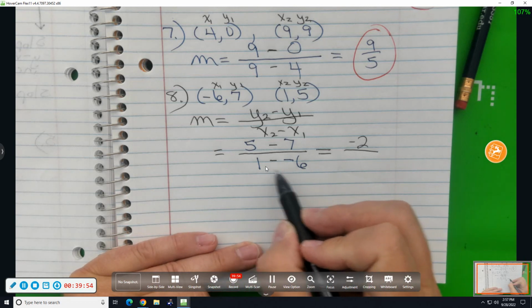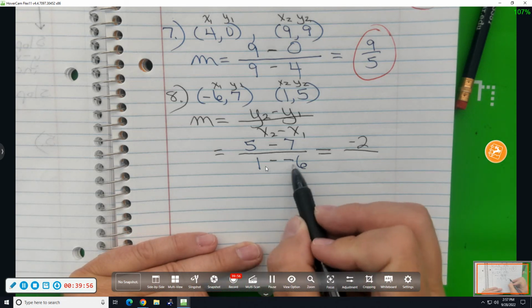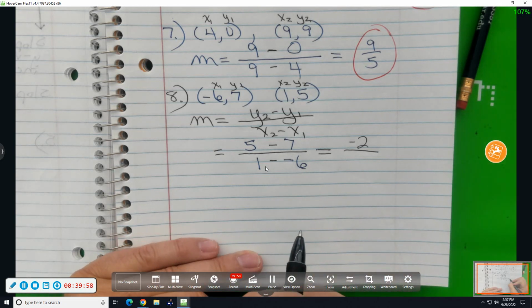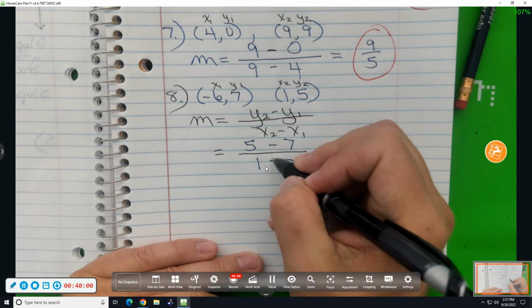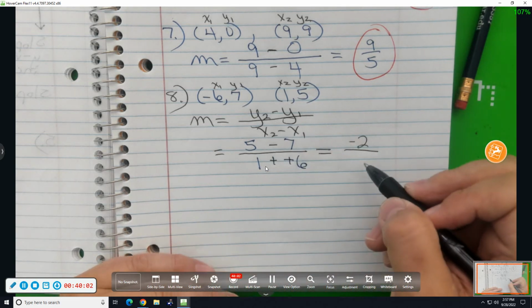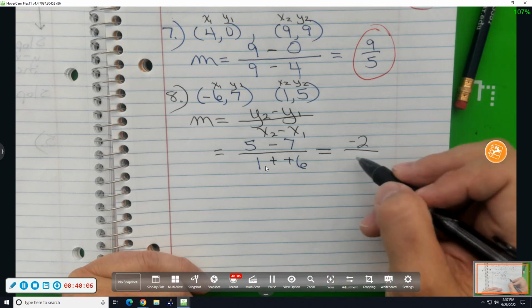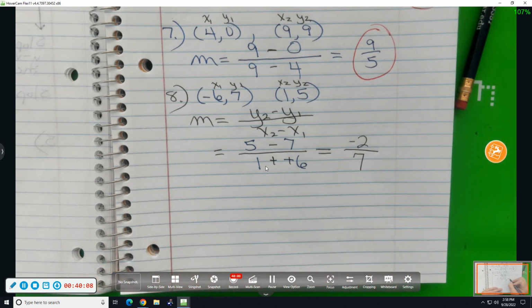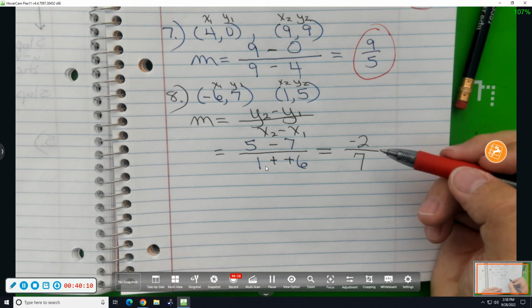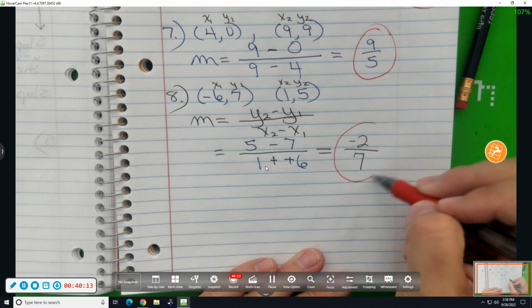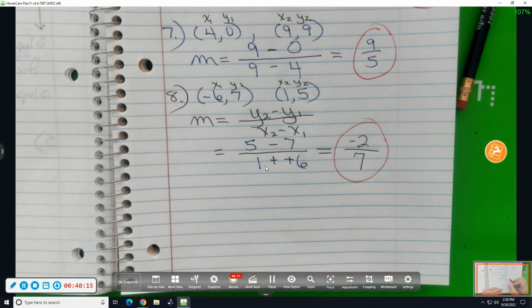What happens here? Minus a negative becomes a positive. I agree, double negative. So what's my denominator? 1 plus 6 gives me a 7. And we can't really reduce 2/7, so negative 2/7 is my final answer.